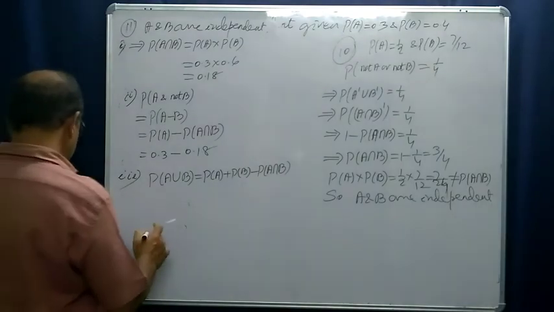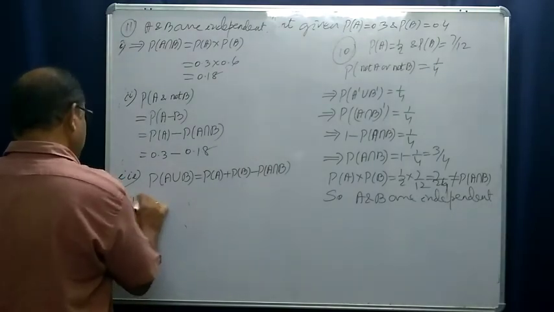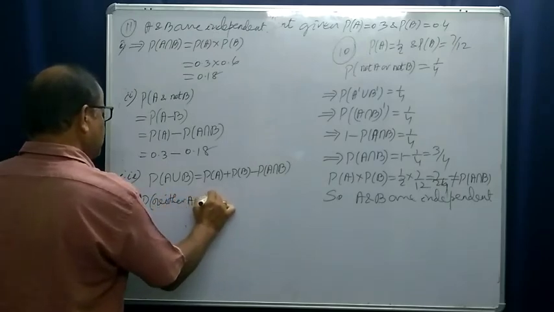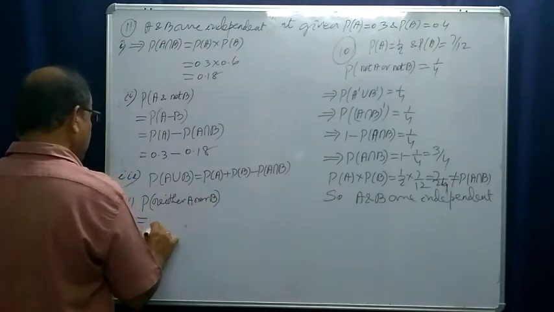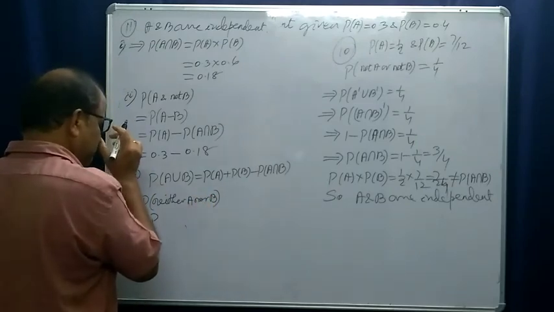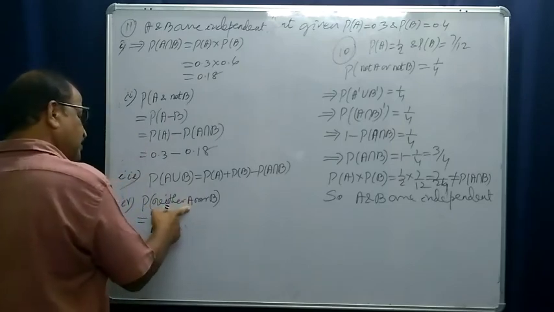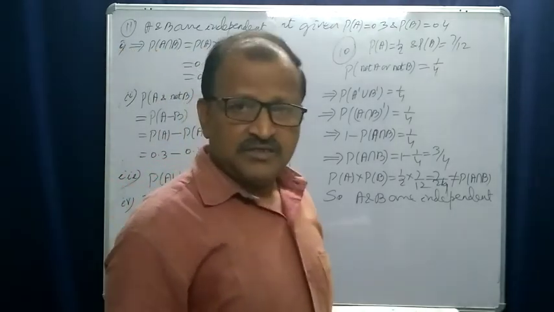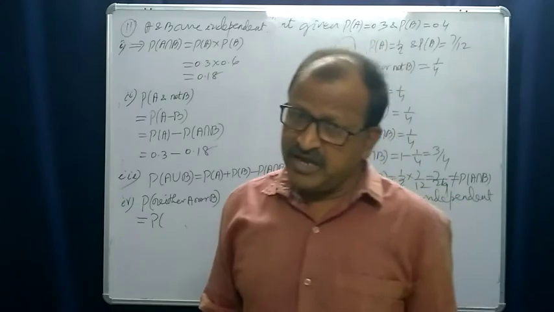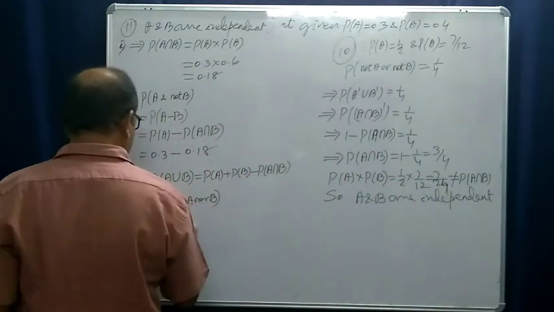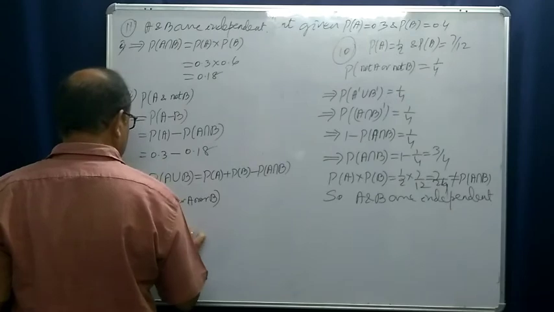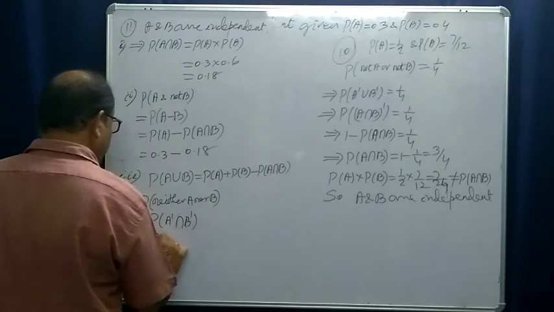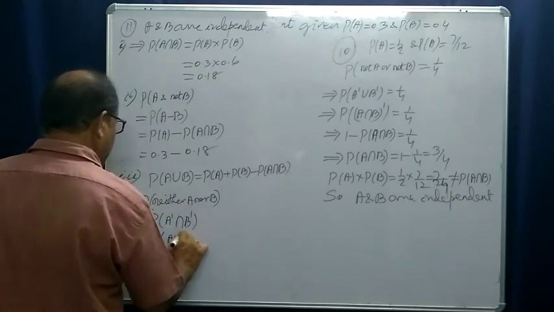Then fourth one, neither A nor B. Probability of neither A nor B is equal to probability of not A and not B. Neither A nor B means not A and not B. That is A complement intersection B complement, which is equal to probability of A union B whole complement.